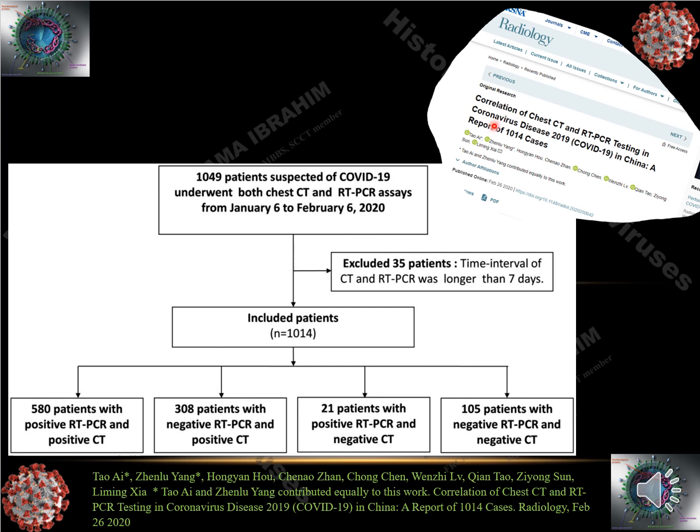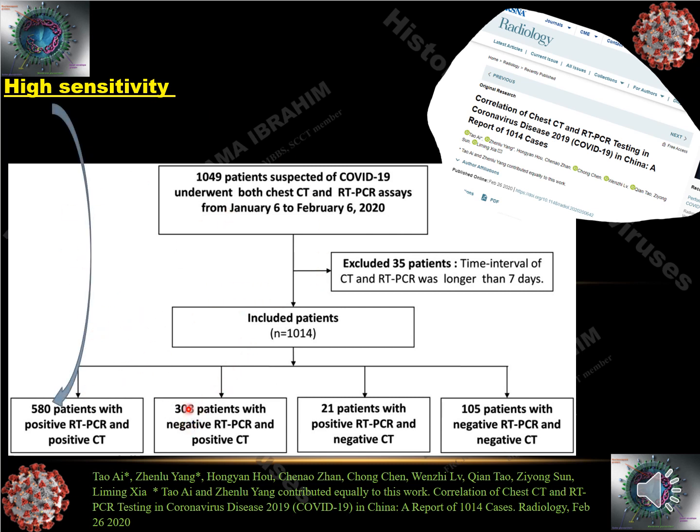In this study done in Wuhan in February 2020, with more than 1,000 cases, the study reported that more than 580 patients had positive RT-PCR and positive CT, which reflects the high sensitivity of HRCT in diagnosis of COVID-19.